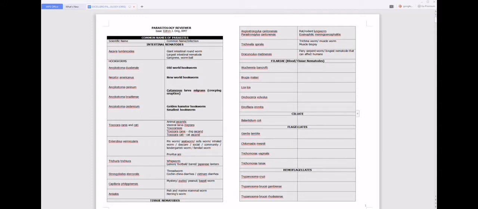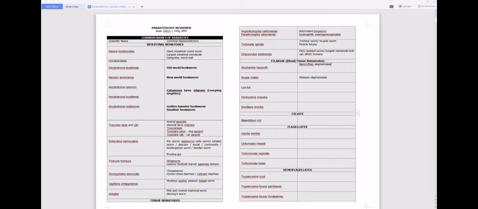So let us now go on to the filariae, or the blood and tissue nematodes. So first is Wuchereria bancrofti. So Wuchereria bancrofti can cause Bancroftian elephantiasis. So Bancroftian elephantiasis. Brugia malayi, on the other hand, can cause Malayan elephantiasis.